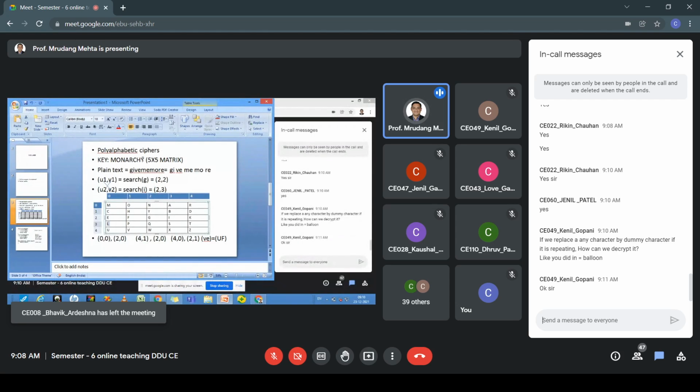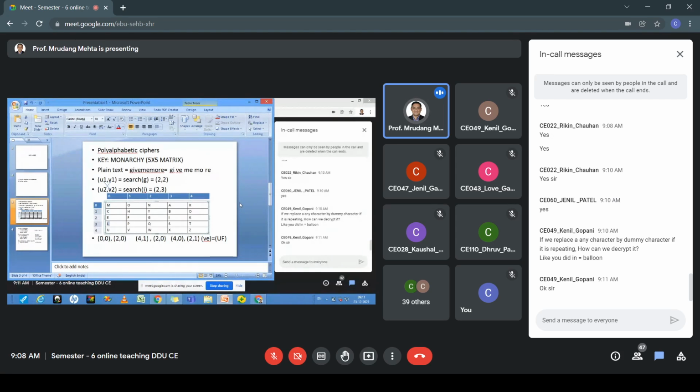And also you can see here that if you encrypt E, the fourth character is E. So that is encrypted as L. Now when it comes to here, for V, the encryption is F. For E, the encryption is F. For ME, the encryption is L. So the same character is encrypted with different characters, right?